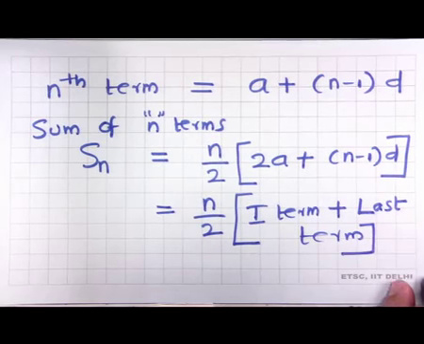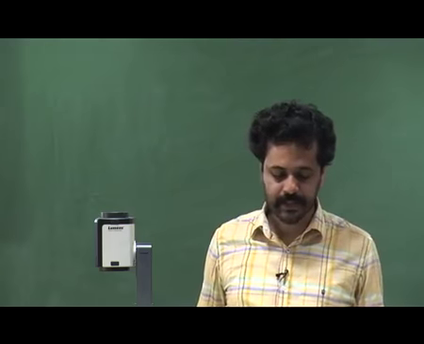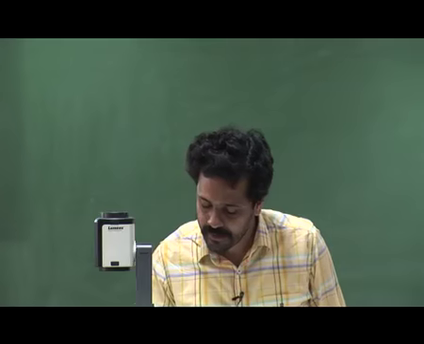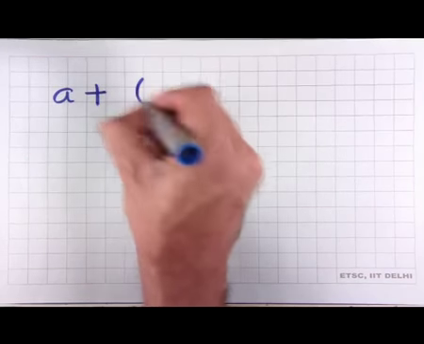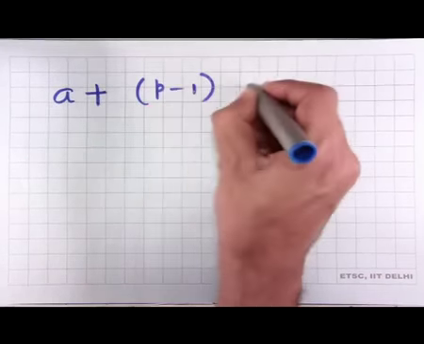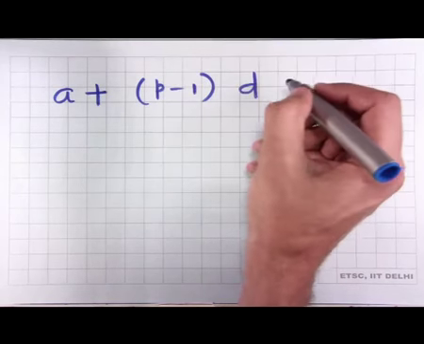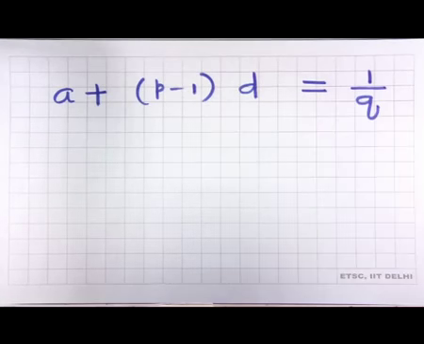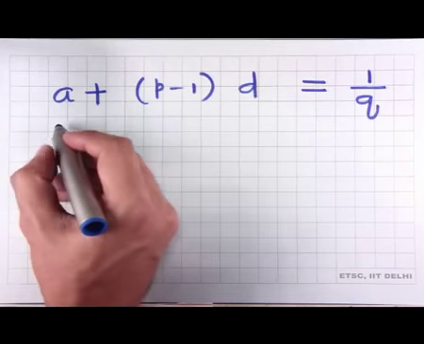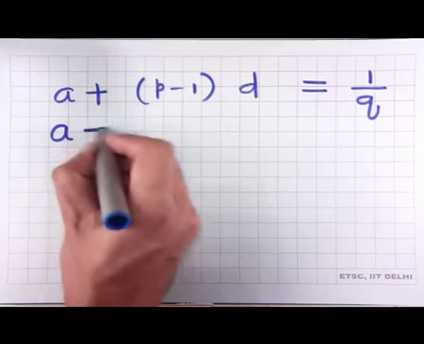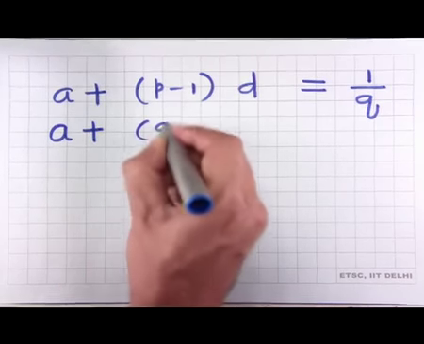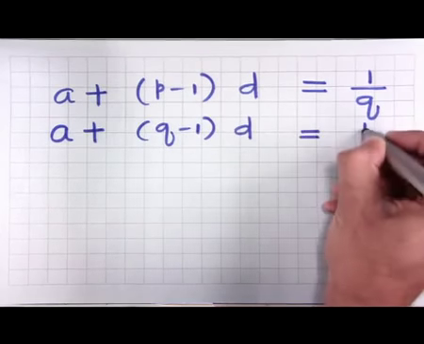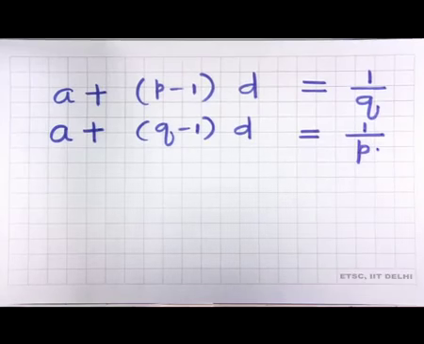Having noted this formula, the information given in the question translates to A plus P minus 1 into D, which is the pth term, is equal to 1 by q. Similarly, the qth term, which is given by the formula a plus q minus 1 into d, is given to be 1 by p.